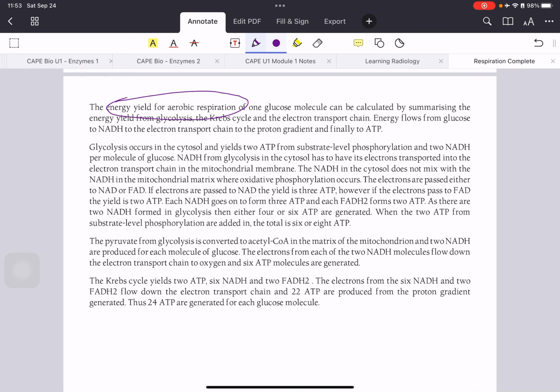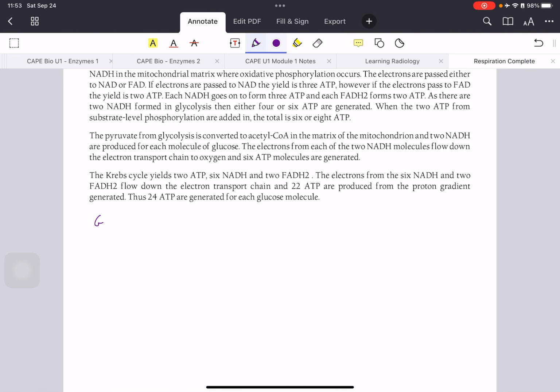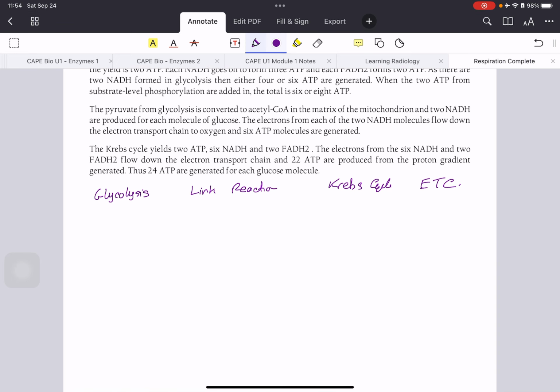So we have glycolysis, the link reaction, the Krebs cycle, and the electron transport chain. Okay, so let us do ATP first, the actual ATP, right?